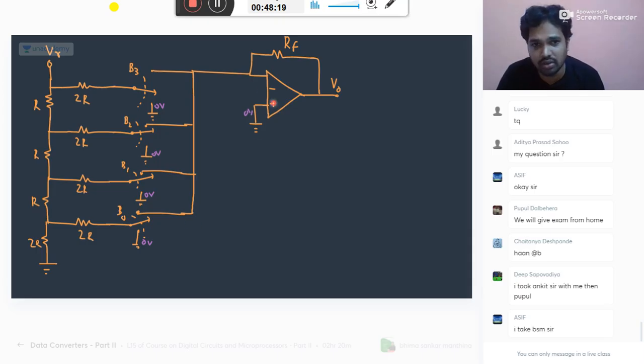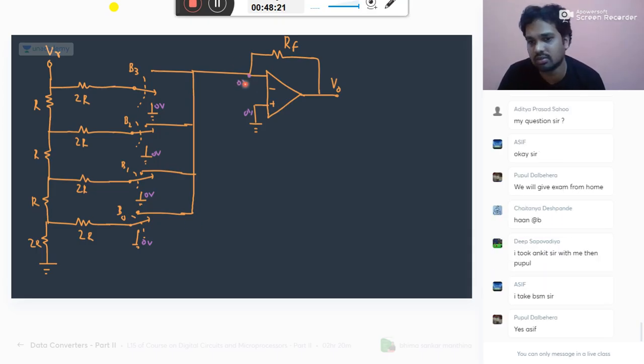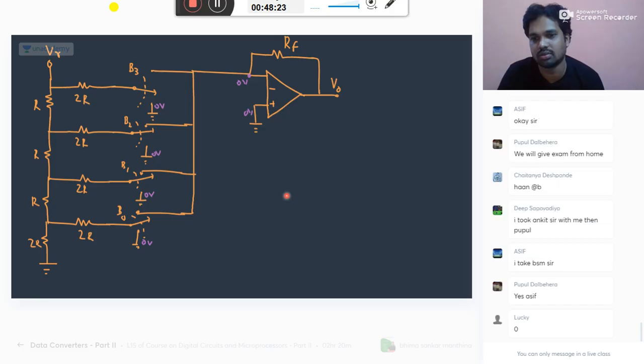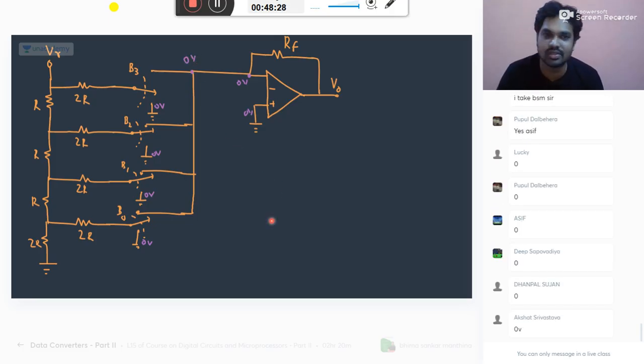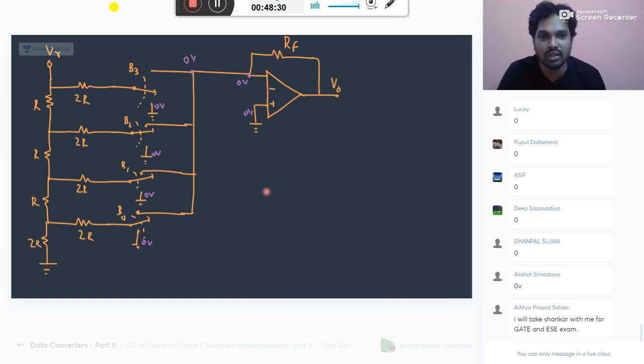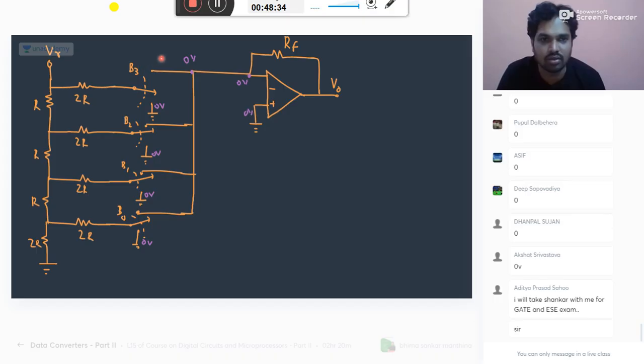By virtual ground, what is this voltage? This is also 0. This is also 0. So now, if your logical input is 1, what is this? If it is logic 1 or logic 0.